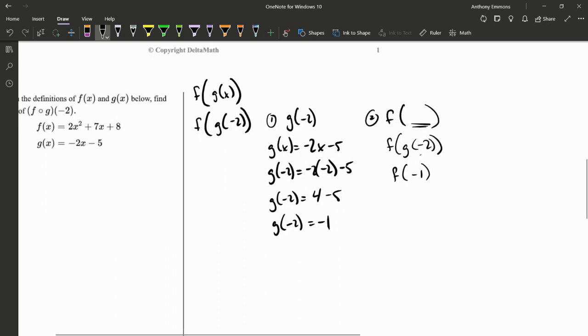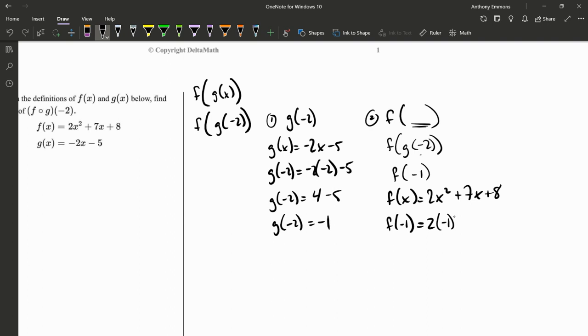Doing that next, f of x is equal to 2 times x squared, plus 7 times x, plus 8. So f of negative 1 is 2, replacing the x with a negative 1, squared, plus 7, replacing the x with a negative 1, plus 8. Now following the order of operations, negative 1 squared is 1.